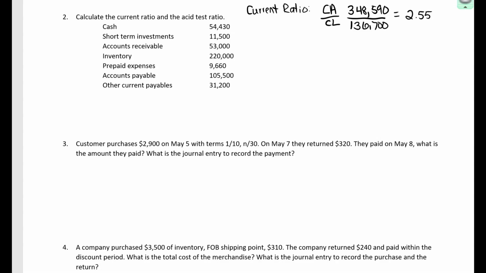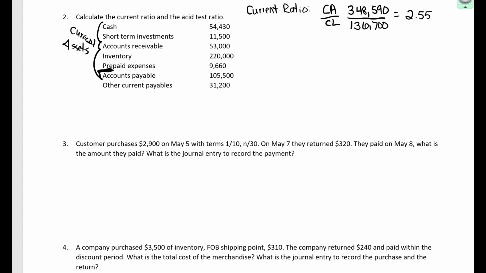The current assets are from cash to prepaid expenses, not accounts payable. Cash to prepaid expenses are your current assets.